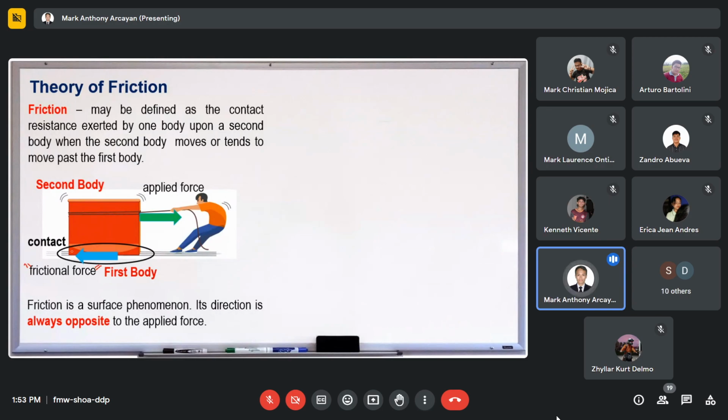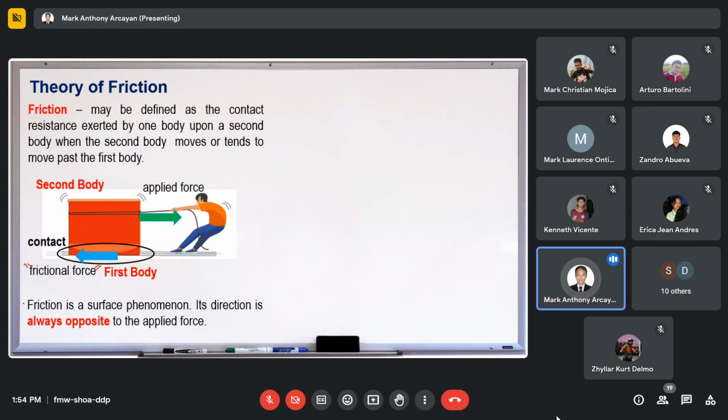Kung ato na i-zoom in, dira na siya mga hills and valleys, dira na ang roughness. So with that roughness, naay collision ug interlocking sa mga irregularities sa ang surfaces. So makaproduce siya og resistive force or also known as frictional force.